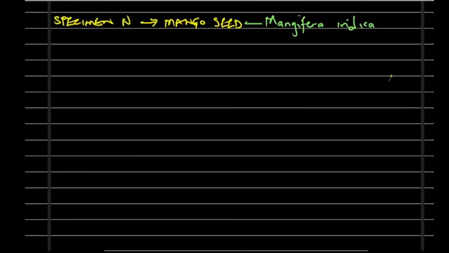Now before we go further into it, let's quickly look at the classification of this particular organism. So we start with the kingdom. It is kingdom Plantae. And then the phylum. It belongs to the tracheophytes, so we call it the Tracheophyta.